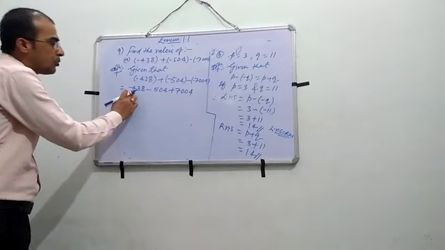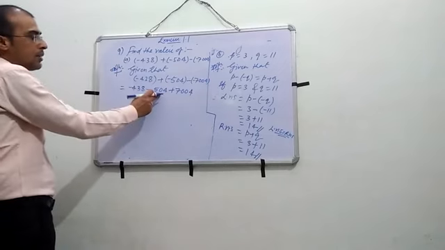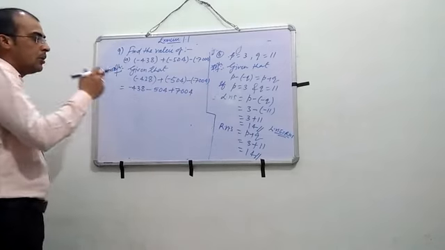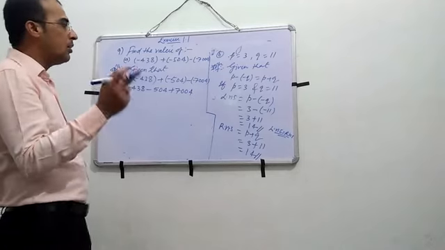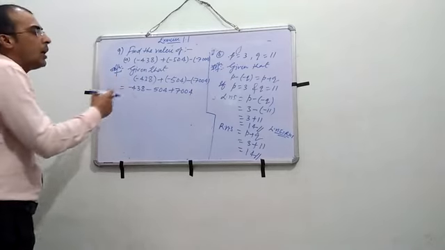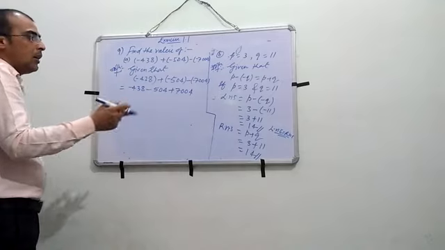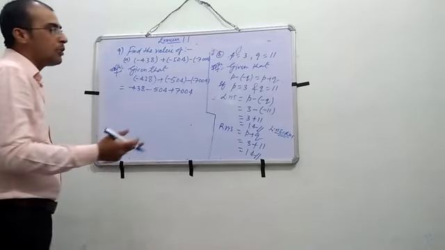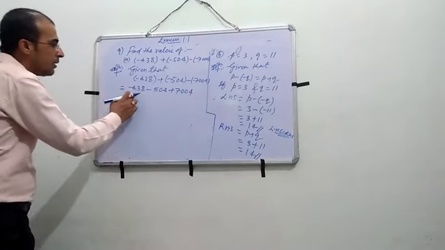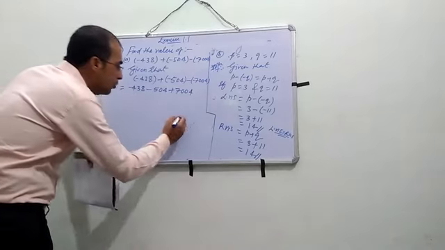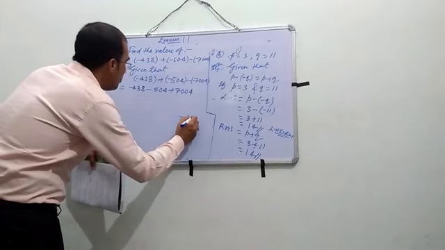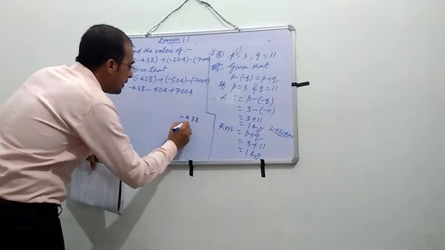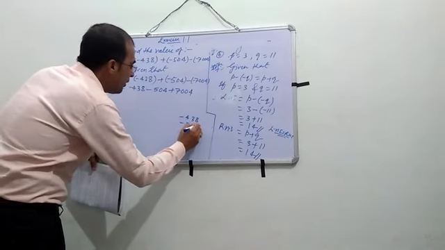First these two we will add, because both are minus, so we will add. In this case, if both integers are positive or both are negative, then you will add. And if one is positive and another is negative, in that case we will subtract. So minus 438 minus 504.